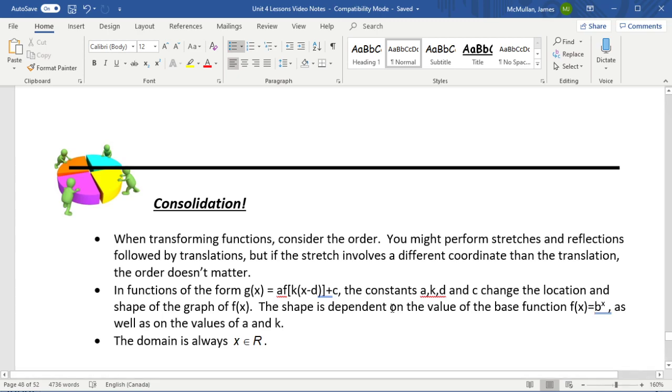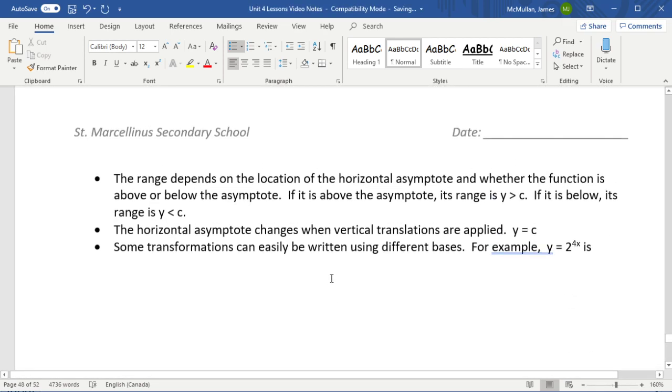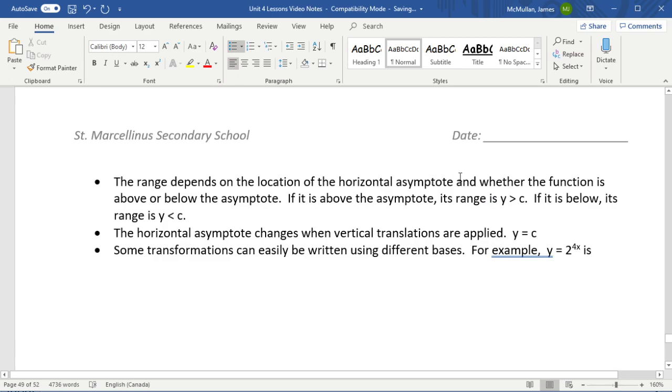The domain is always x ∈ R because every exponential has an unlimited domain unless you're talking about a context. The range is either above the asymptote or below the asymptote. It depends. So if A is positive, you're above the asymptote, y greater than C. If A is negative, you're y less than C. The asymptote itself is y equals C.